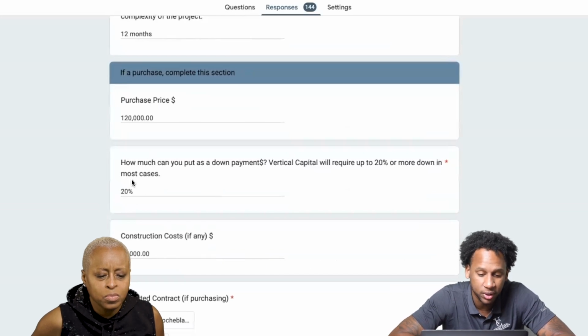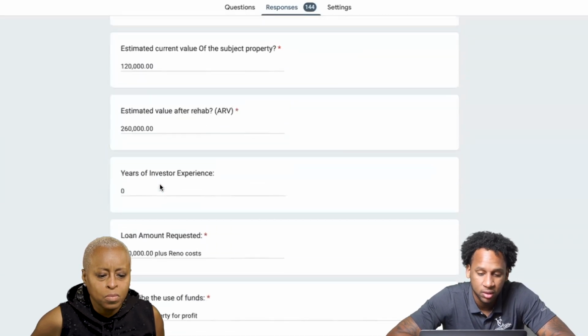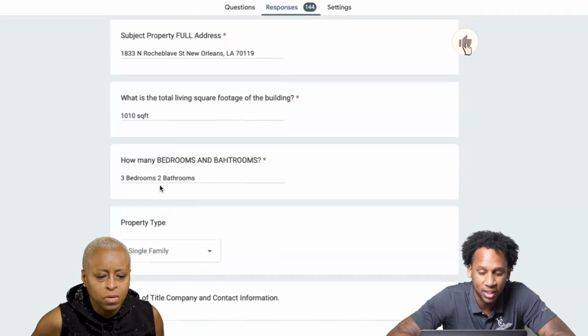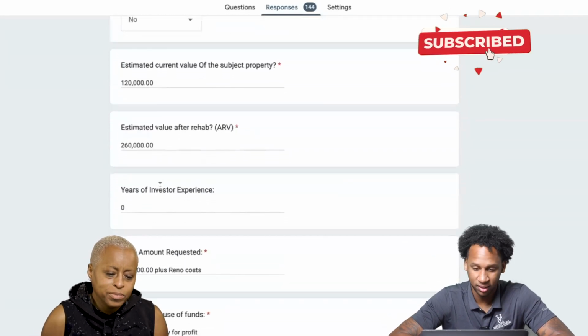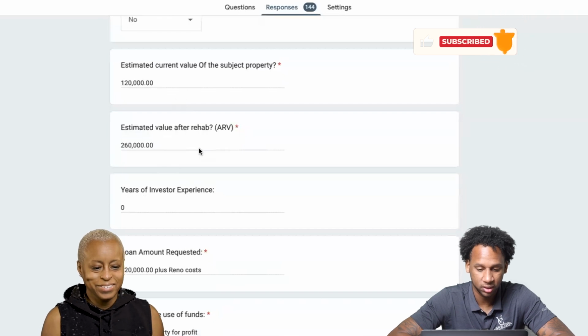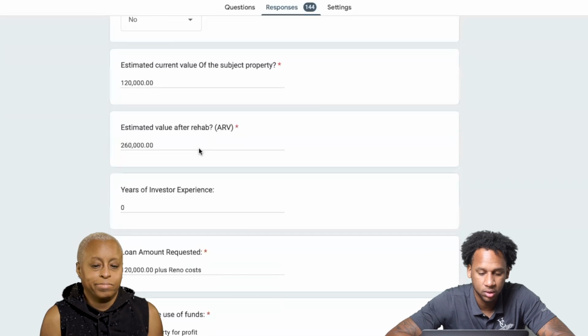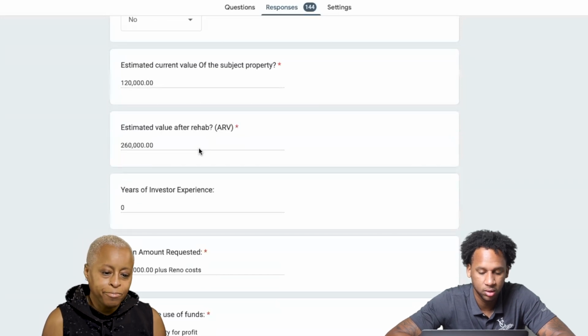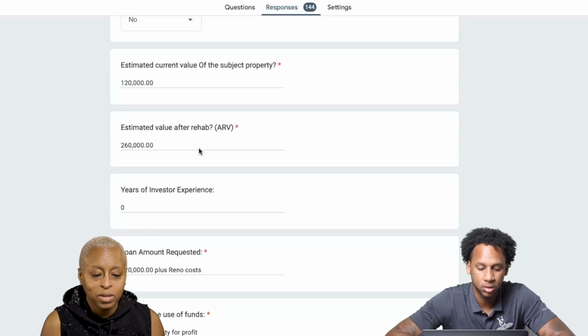And they say they could put 20% down. So let's see if the numbers check out. They're gonna have to put more than 20% down without the equity, huh? Definitely, you're already starting at zero. You're starting at zero equity, and I'm not understanding. We're investors. You want to start off with some equity.